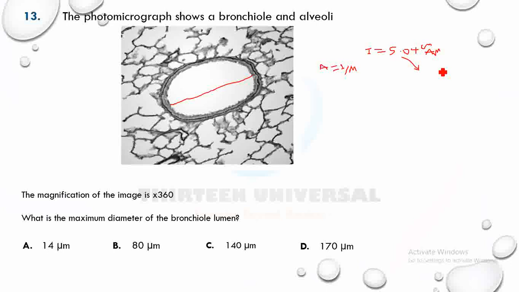So that's 5.04 times 10,000. That gives you the image size, I, which is 50,400. So that means the actual size will now be equal to what?